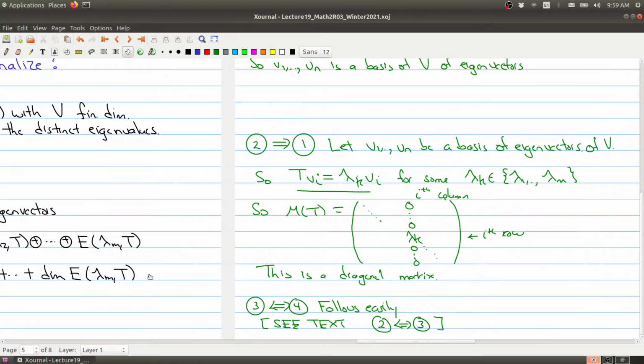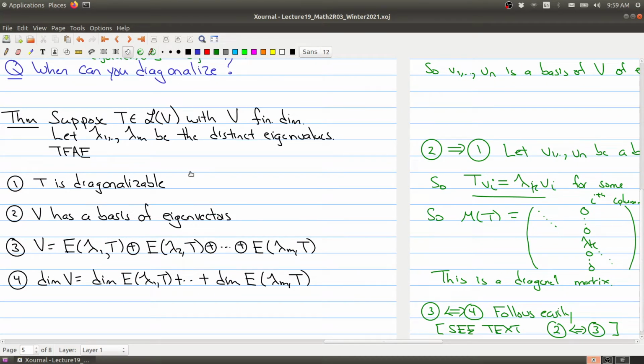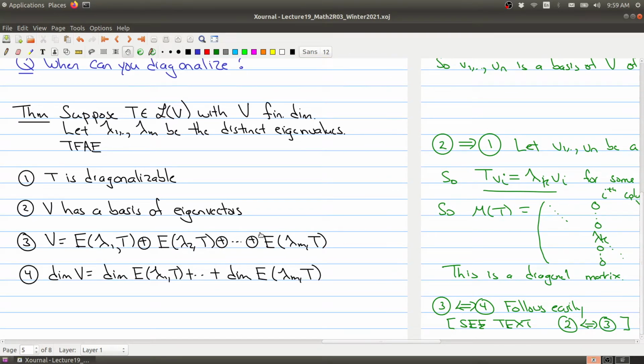So this proves the equivalence of T being diagonalizable and V having a basis of eigenvectors. The equivalence of 3 and 4 actually follows very easily. If this is a direct sum, then the dimension of V is just the sum of the dimensions of the pieces making up the direct sum. This is going back to chapter 2 and chapter 3 material, and the same way vice versa.